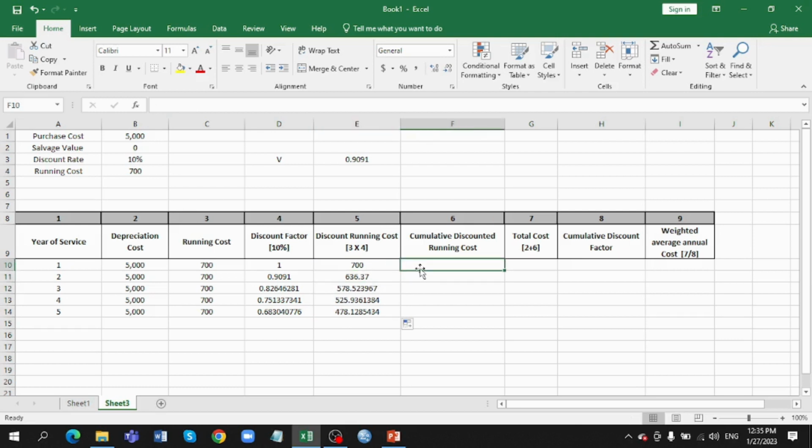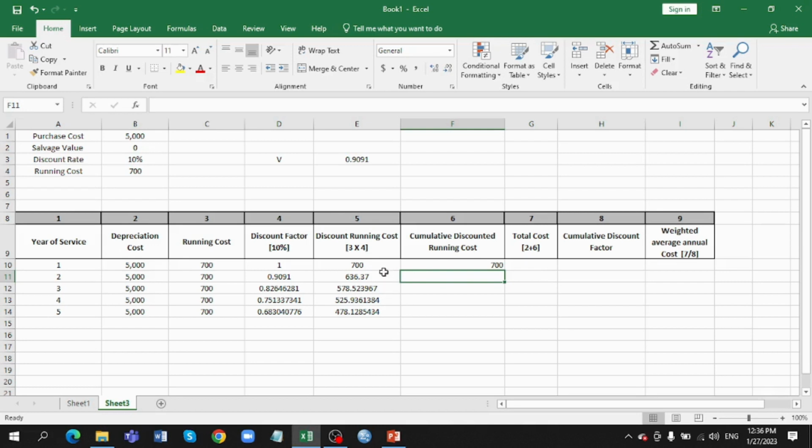Now let's proceed to the sixth one. We have cumulative discounted running cost. When we say cumulative, it is increasing. So we have our discounted running cost here. All you have to do is copy this one first, then click this one. This means that as we move down, the value under column 6 will be increasing. So first 700. Then the second row, we add 700 and 636.37.